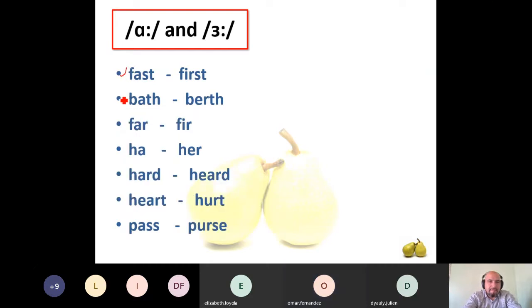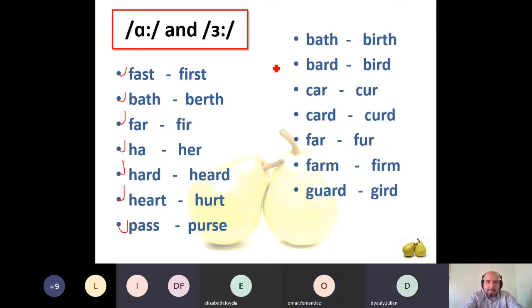Perfect. And then far, fur. Good. Har, her. Hard, heard. Hot, hurt. Pass, purse. Bath, birth.